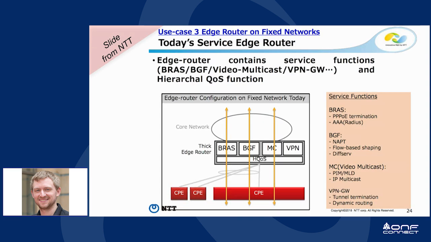Another use case is in the edge router. Currently, there are lots of functions that sit in these edge routers. Some operators are not ready to completely disaggregate these just yet. But there are advantages to be had by making these functions separate from the actual data plane interfaces and configuration interfaces that we have.